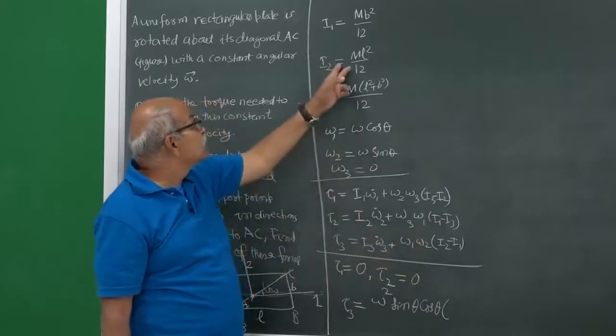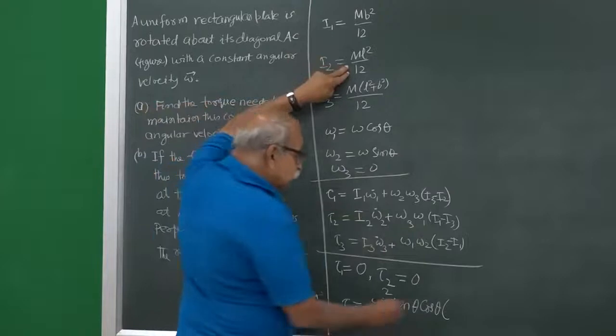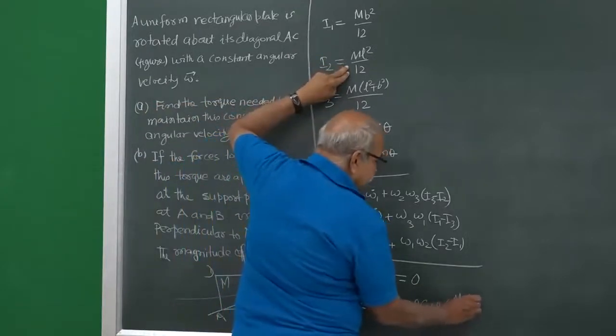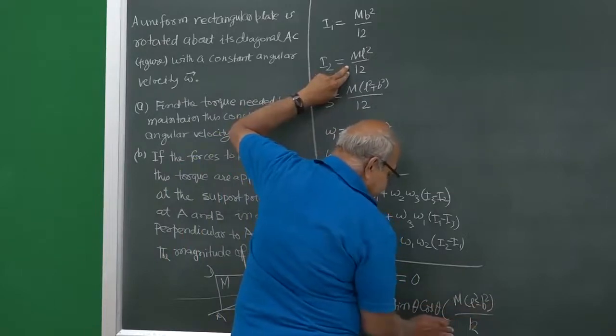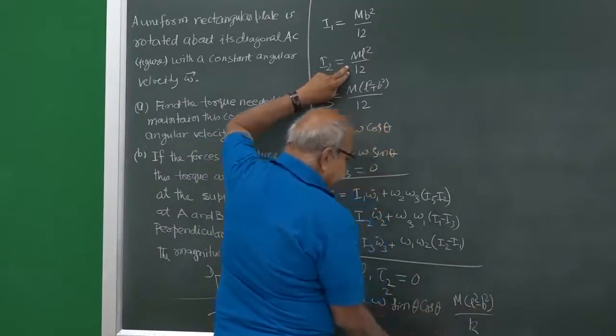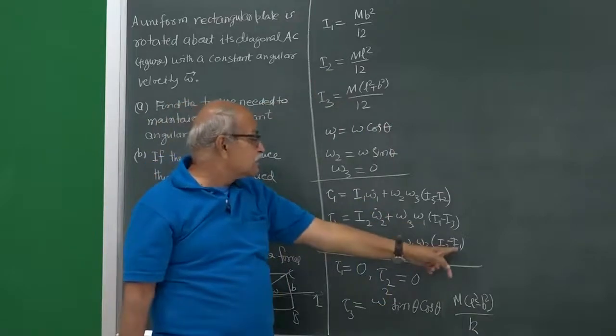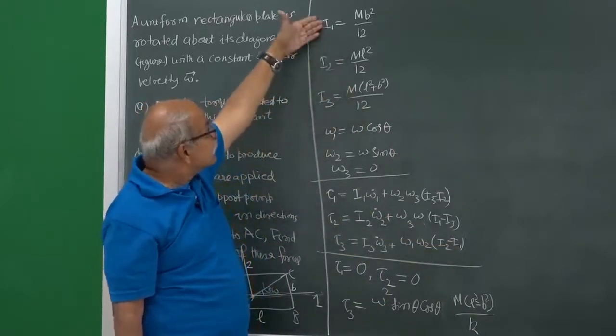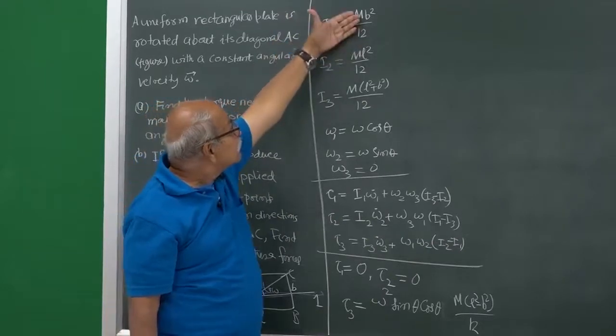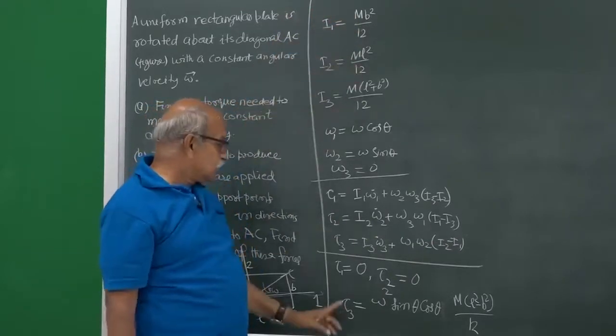I2 is here and I1 is here, so m times (L square minus b square) divided by 12. This is the torque.